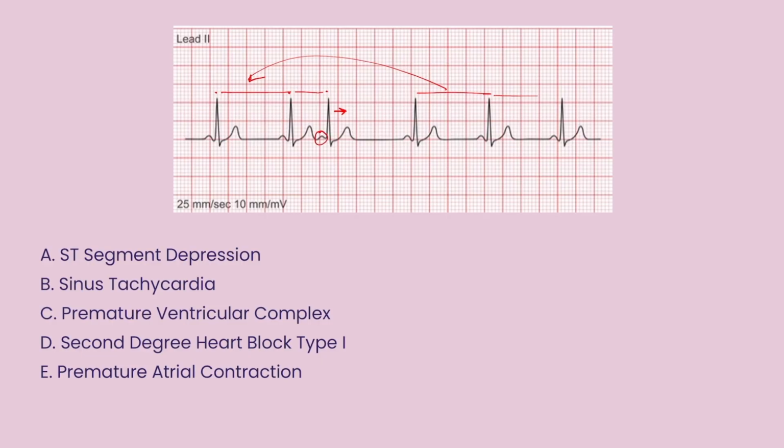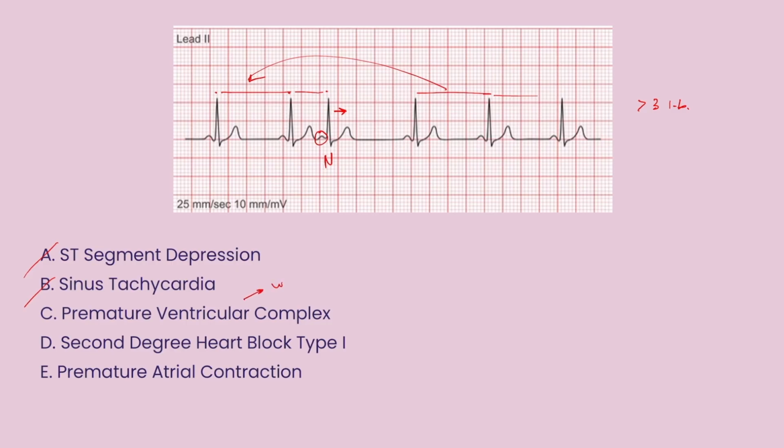So, other things I'm going to notice. We have a P wave. Our QRS is narrow, okay? I'm not seeing any depression or elevation. Let's look at our answer choices. So ST segment depression, not a sinus tachy. This is greater than that 3 large boxes, so it's not tachycardia. Premature ventricular complex.